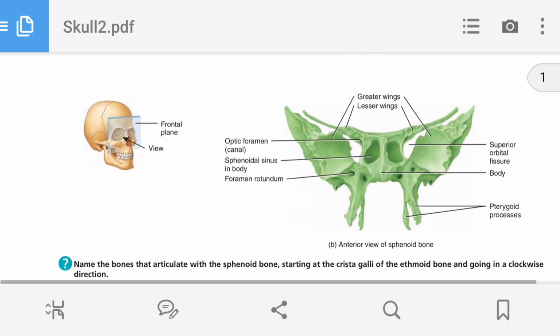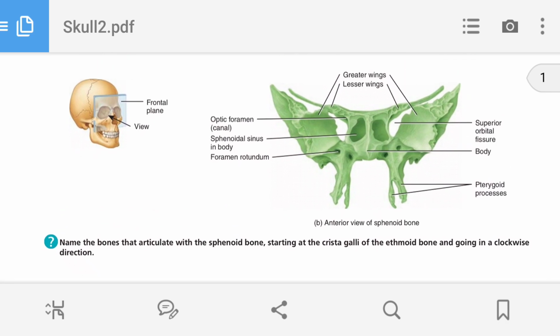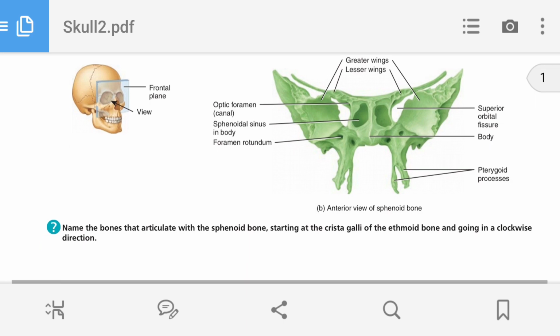This green color is only the sphenoid bone. And the names, if you want, you can prepare the body, the lesser wing, the greater wing. I leave it up to you. If you want to prepare, you can prepare.